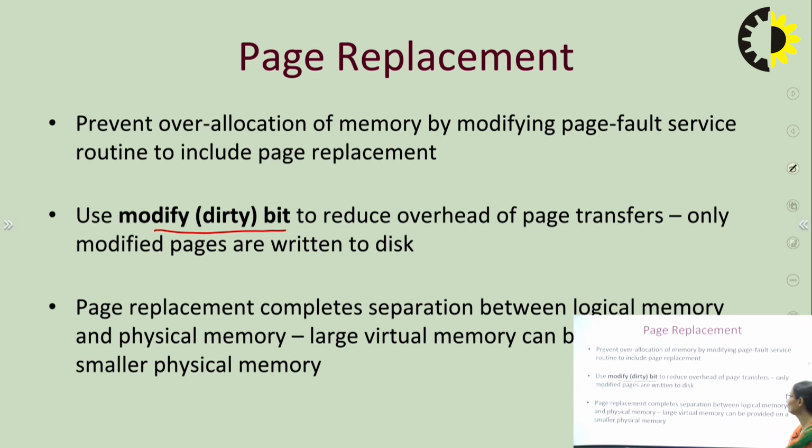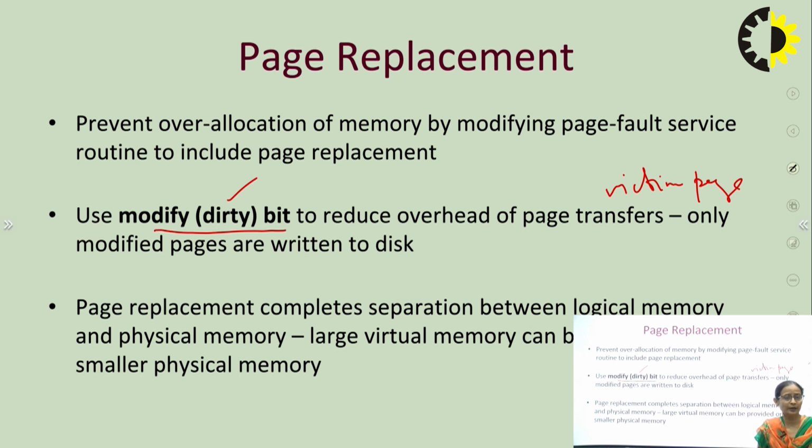Once we have selected the victim page, we analyze this particular bit, that is, whether that page has been updated or modified. If the victim page has not been modified, it implies that the copy on the backing store is the same as the copy of that page in the memory.